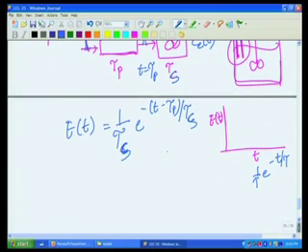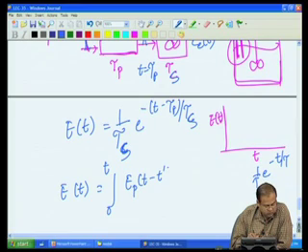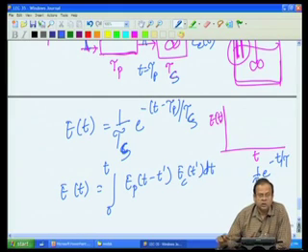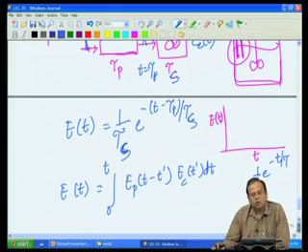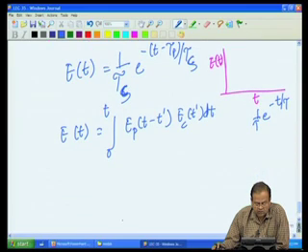We can once again use the convolution integral, because these are processes in series. We can write this as the integral of E p of t minus t prime times E c of t prime dt prime, where E p is the exit age distribution for a plug flow reactor and E c is the exit age distribution for the stirred tank reactor.